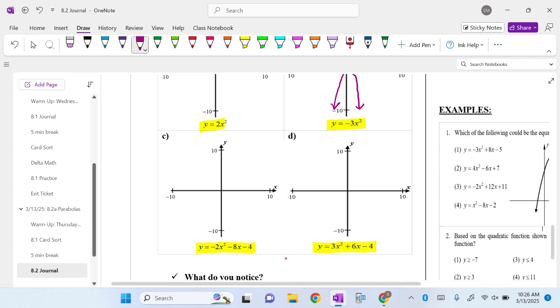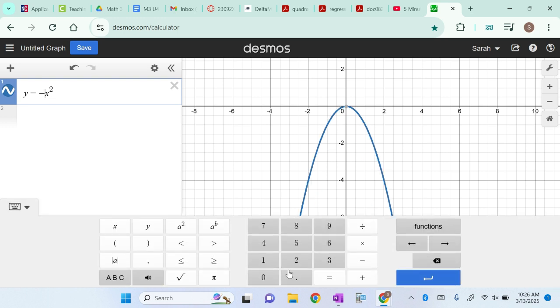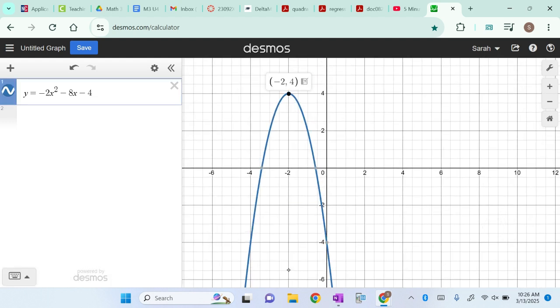Then we have this long function, negative 2x squared minus 8x minus 4. So it looks like we have a vertex at negative 2, 4.